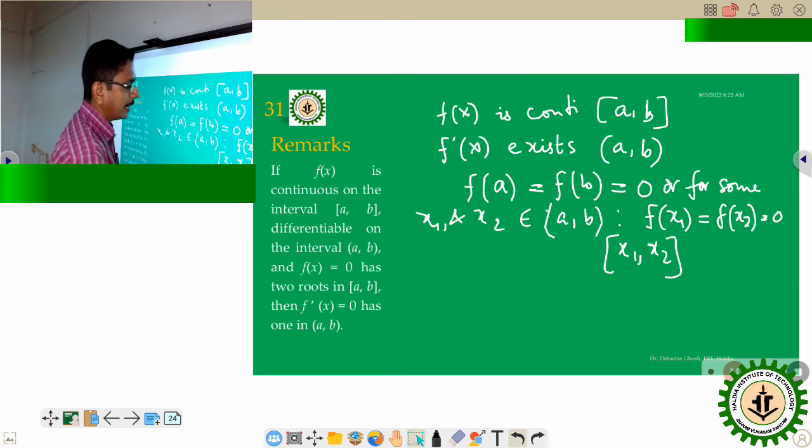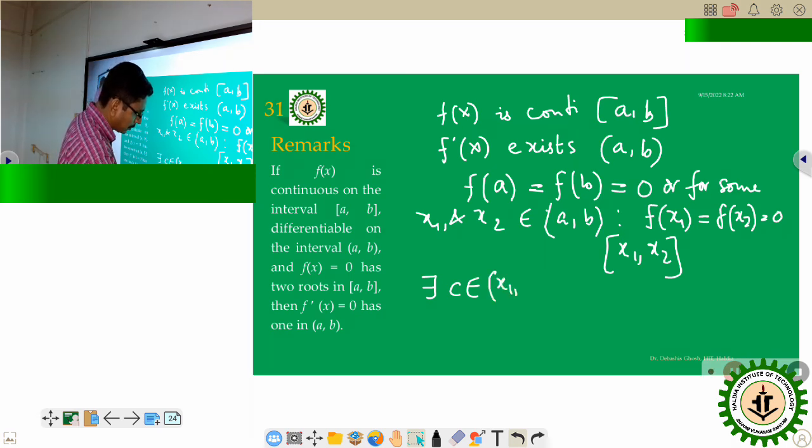So there exists c belonging to the open interval (x1, x2) such that f'(c) = 0.